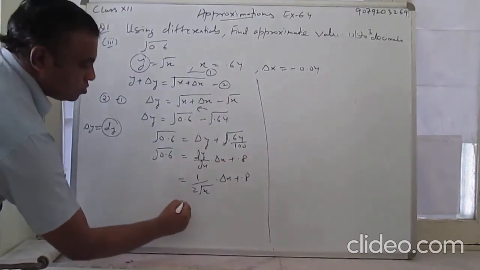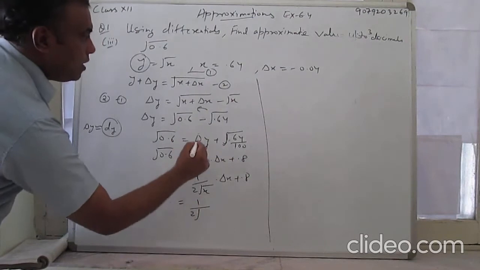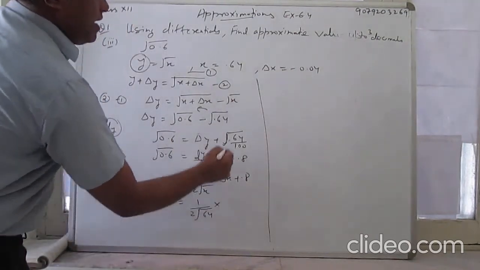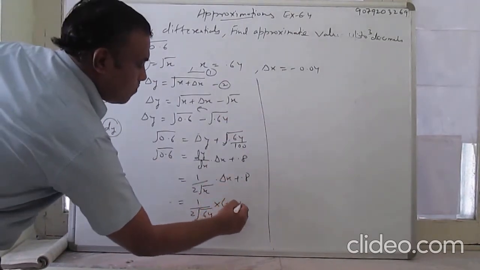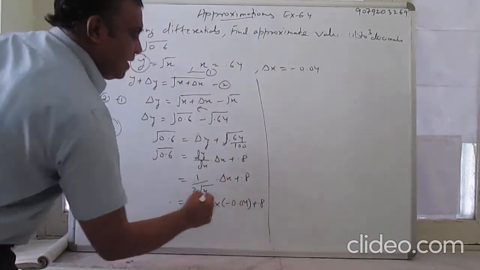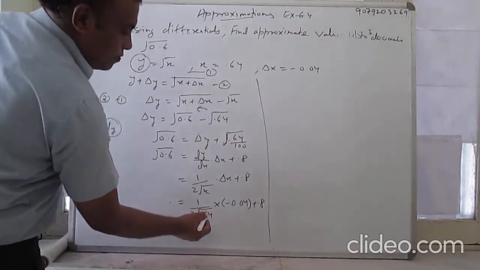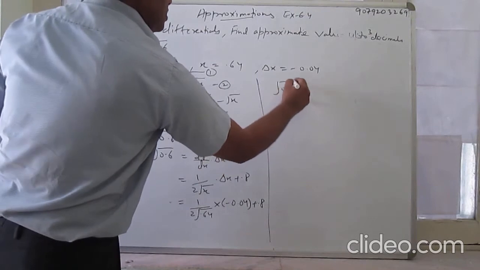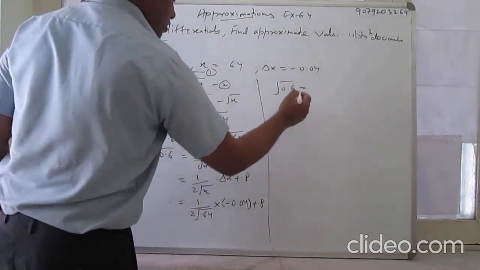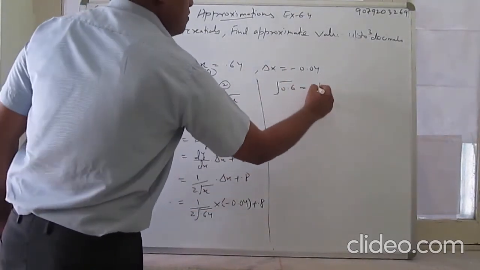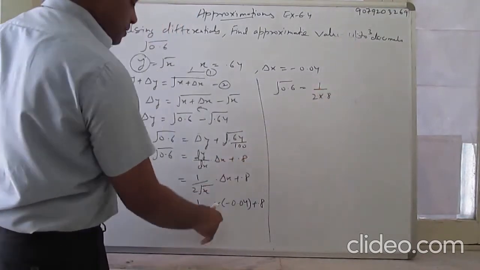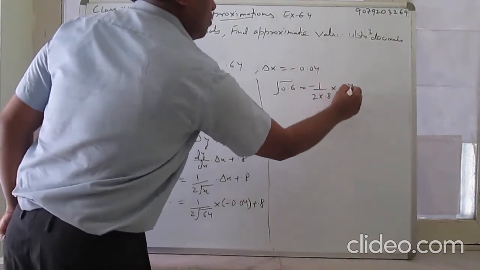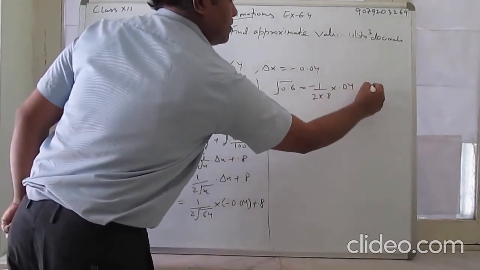Putting the values: 1 upon 2 under root 0.64 into delta x, minus 0.04, plus 0.8. Now, what is the root of this? 0.64 का रूट क्या होता है? अभी निकाला था 0.8. 1 upon 2 into 0.8 into minus आगे ले लीजिए into 0.04 plus 8.